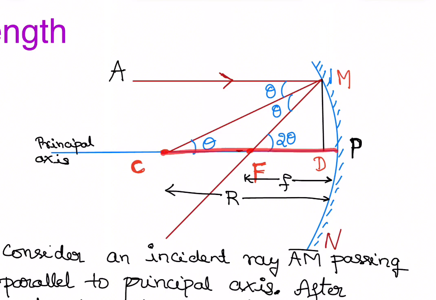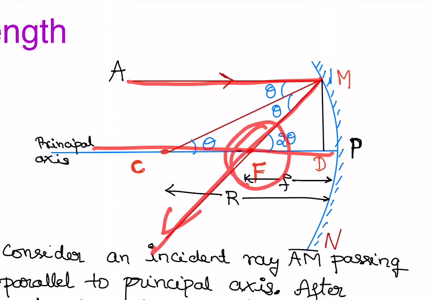In sign conventions, later you are going to learn that all the distances must be measured from the pole. The distance of the center of curvature from the pole is called the radius of curvature.